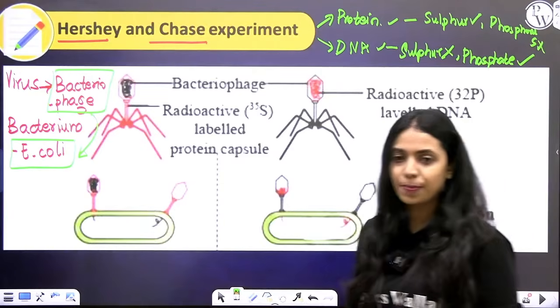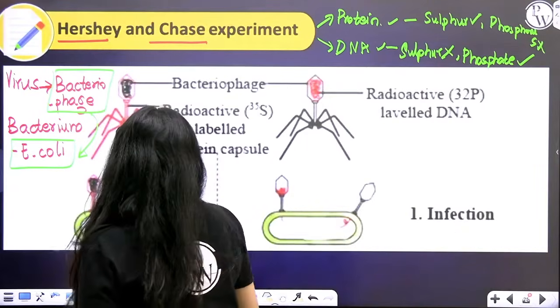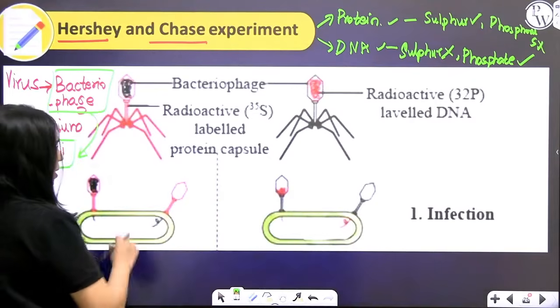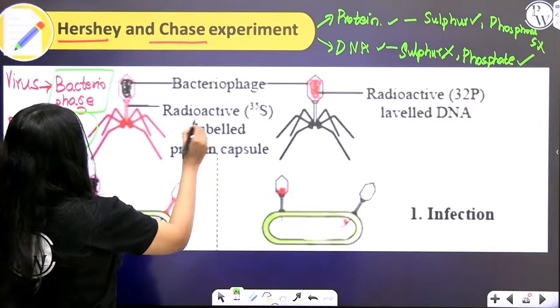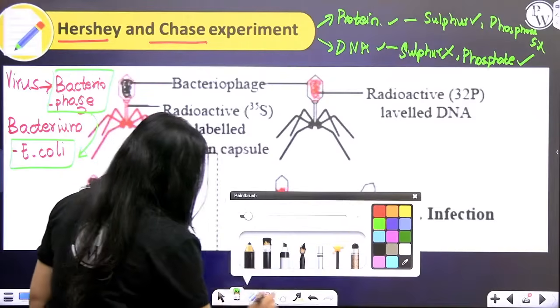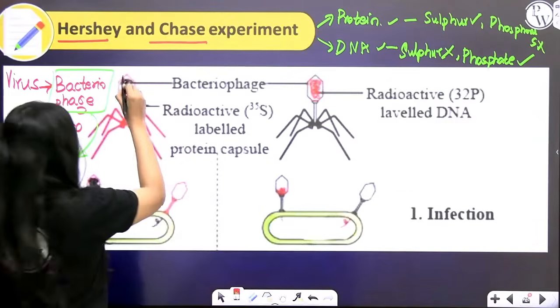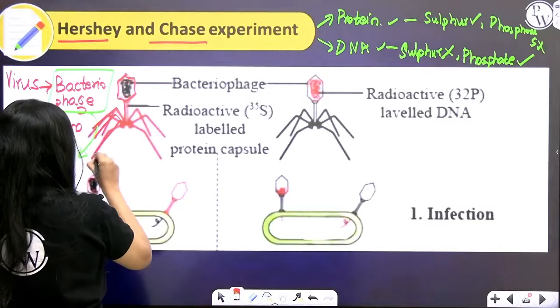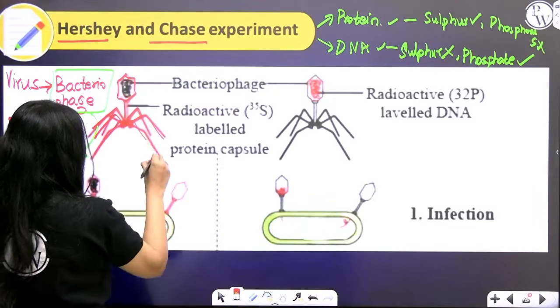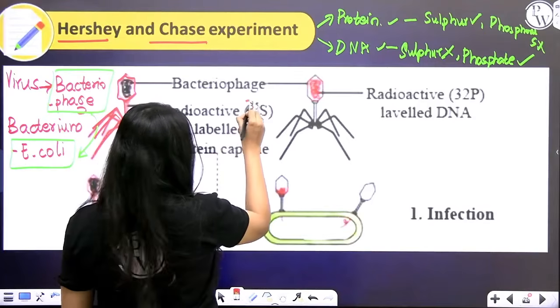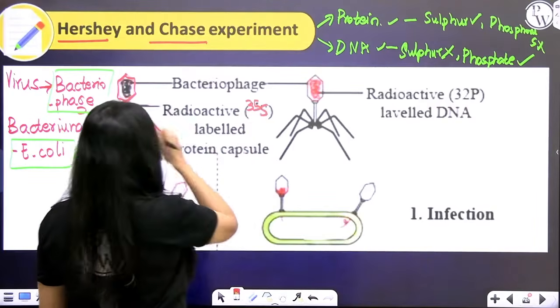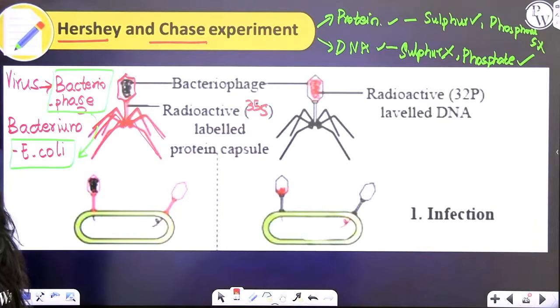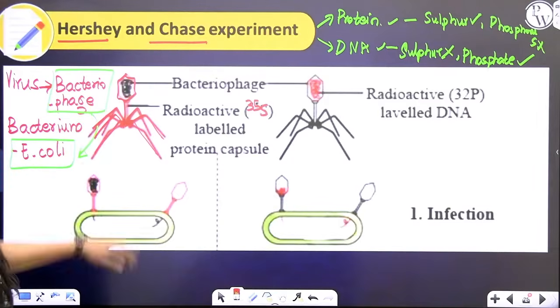So phosphorus is present in DNA. They took two sets of bacteriophages. In one, the protein coat was radio labeled. See here, whatever I am drawing in red, that is radio labeled. So they took a radioactive isotope S35 to grow these bacteriophages, so the protein coat was radio labeled.